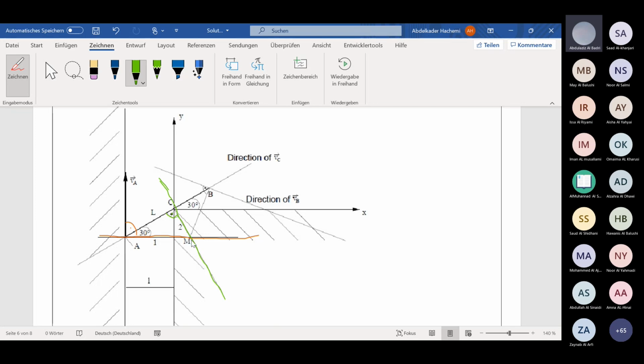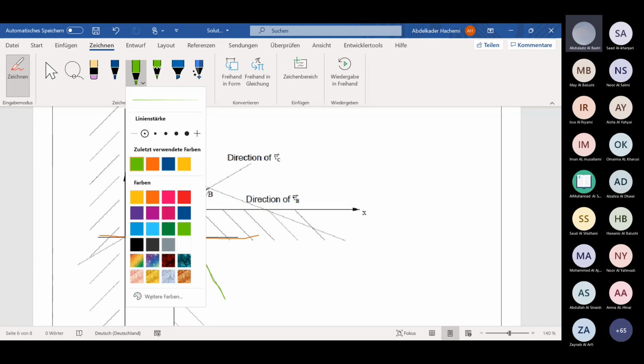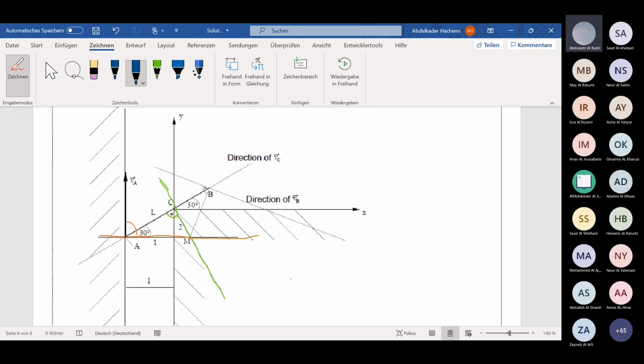That means here I write V M at this point M, as a vector, is equal to zero. This is the center. I forgot the name, I'm sorry.